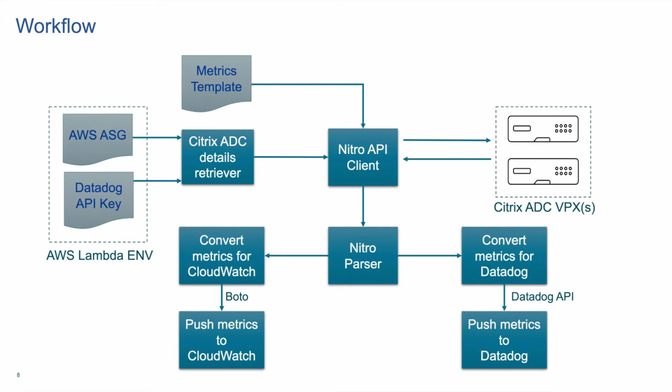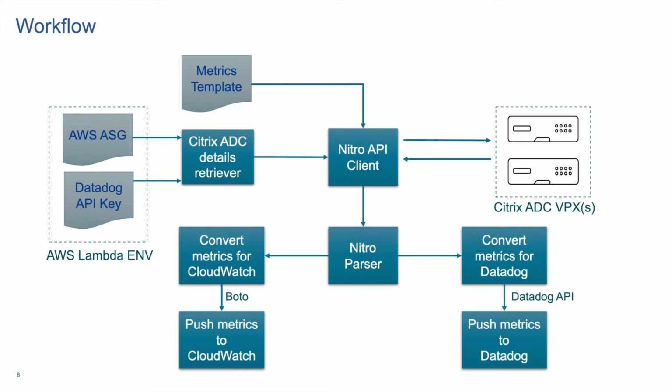Then the Nitro parser module does some error handling and then sends the data to the CloudWatch module and also to the Datadog module. So let's talk about the flow for CloudWatch. Both CloudWatch and Datadog have two different data structures. So CloudWatch expects the data to be sent in a different structure, whereas Datadog has a different structure that it expects.